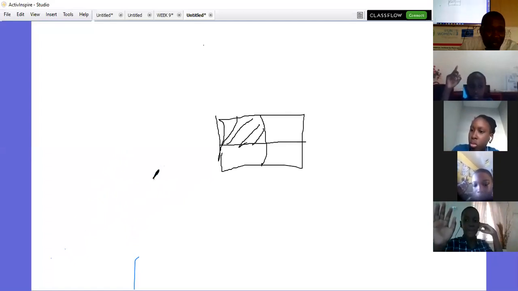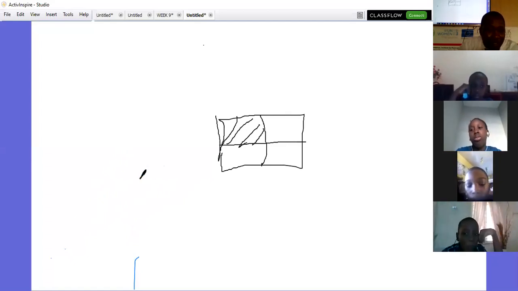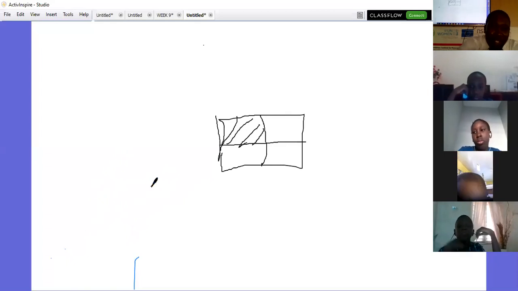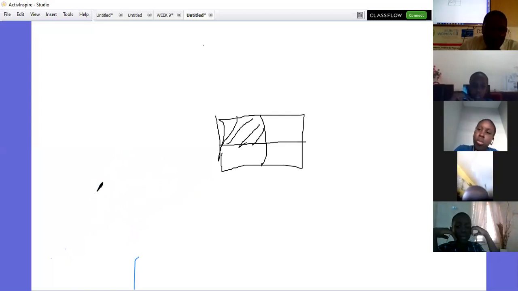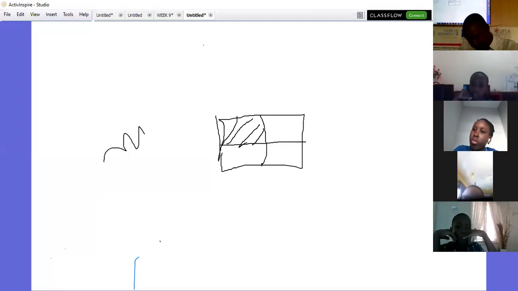What kind of fraction am I looking at here? Taiwo: 1 over 4. You can see that I have 4 partitions there, and I shaded 1. So if I want to write it in the form of a fraction, the one I shaded is 1 against 4 partitions. So I have 1 over 4.